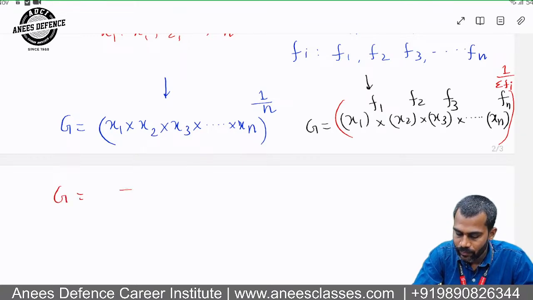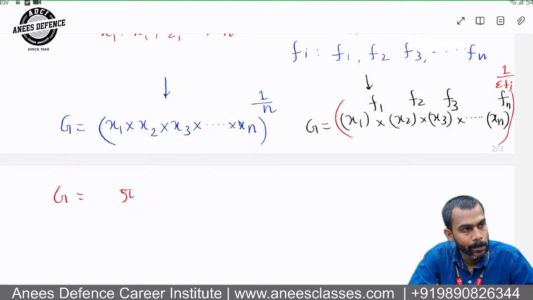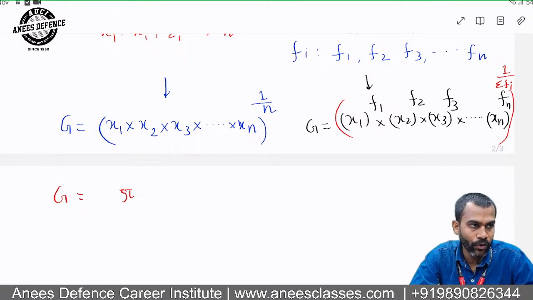You already know what summation xi is. Summation means the sum of discrete values. Why do we use summation? To add discrete values. Similarly, if I write pi xi, pi means product. It is again a standard notation.